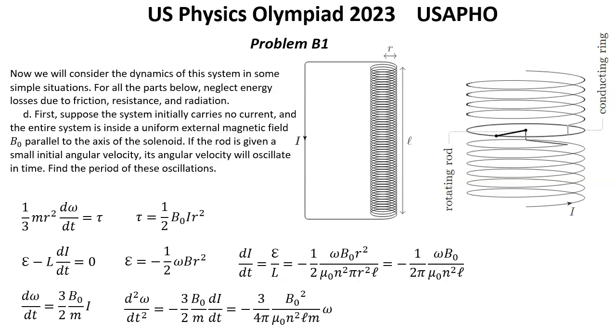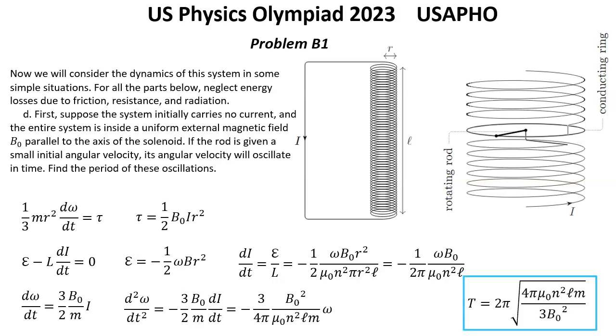And finally we can see that the second derivative of omega is proportional to omega with a negative sign. This is exactly the equation for simple harmonic motion, and from here we can find the period of oscillation of omega. That will be the period equal to this one. That was the solution for part D.